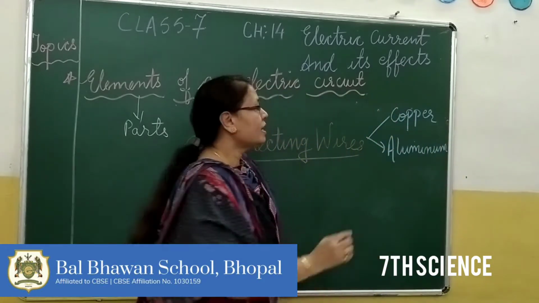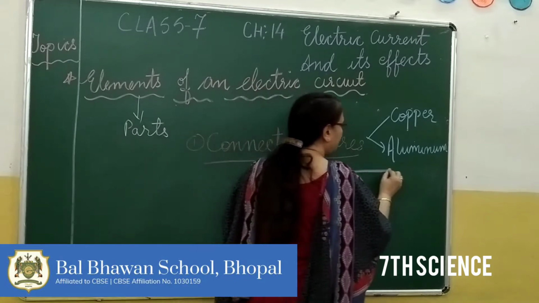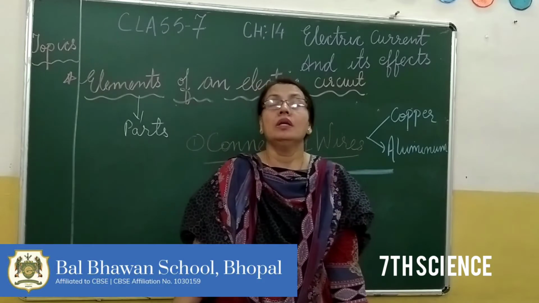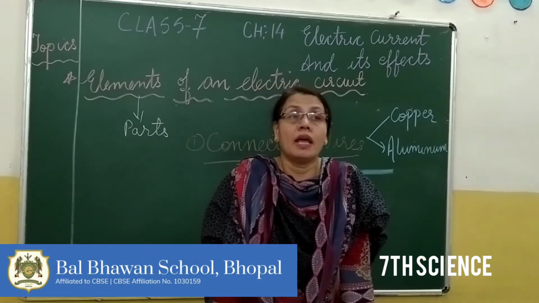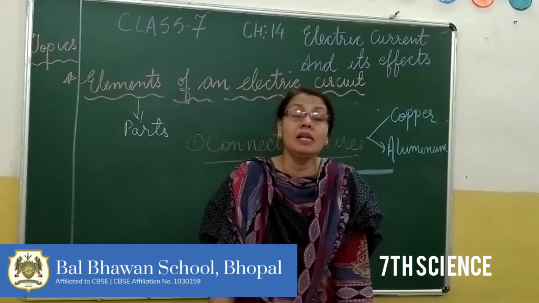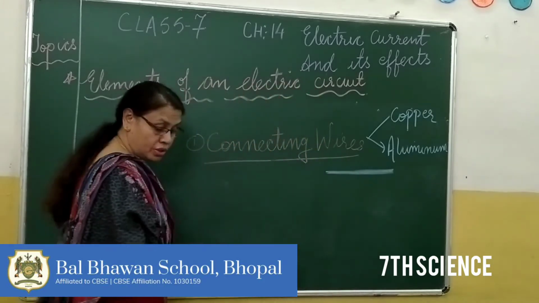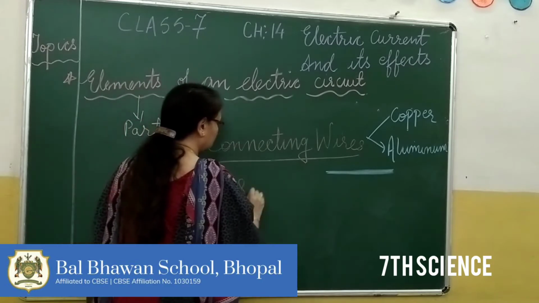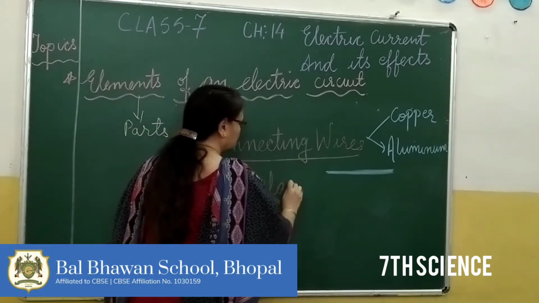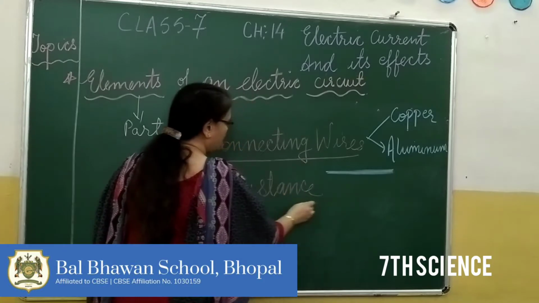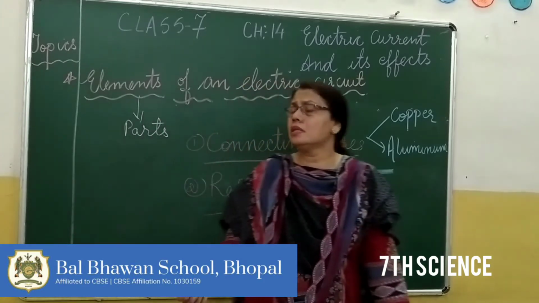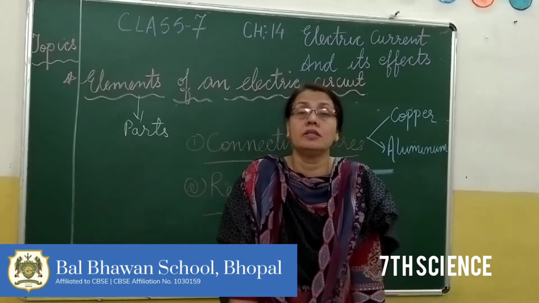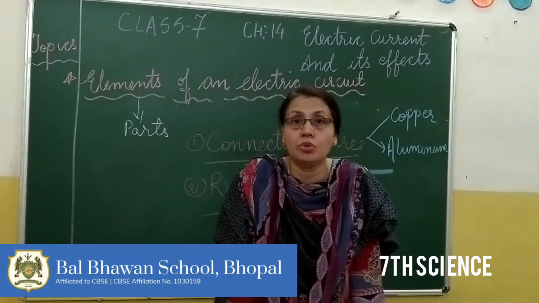Now, these connecting wires are represented by means of a straight line. Now, connecting wires have practically negligible resistance. Now, here I am using the term resistance. Now, what is this resistance? This is actually the property which hinders the flow of electric current through it.